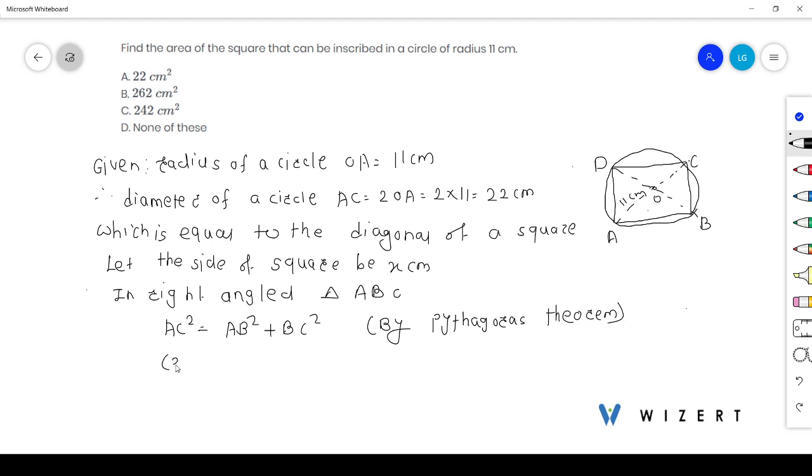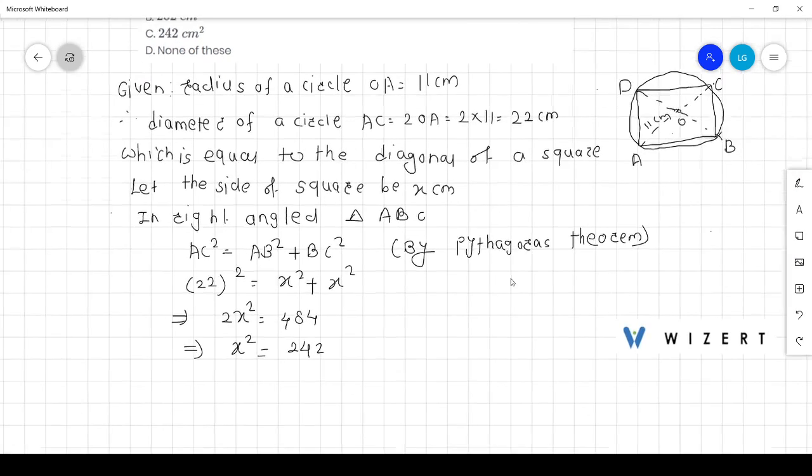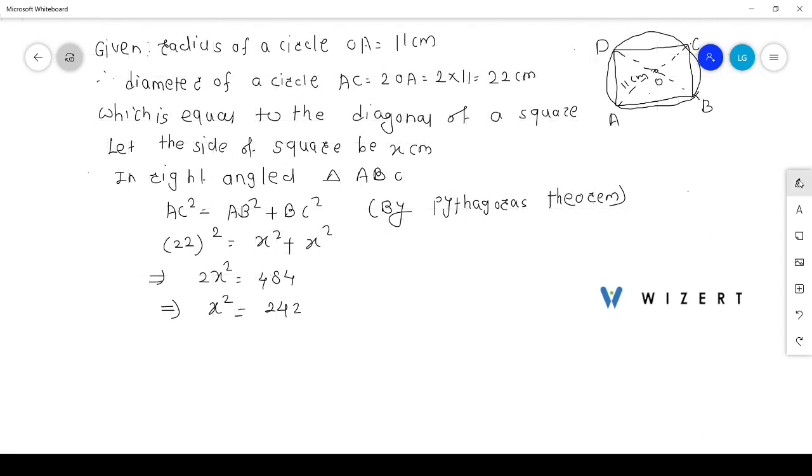So substituting values here, we get 22 square equals x square plus x square. So 2x square equals 484. Divide throughout by 2, we get x square equals 242, which is area of the square.